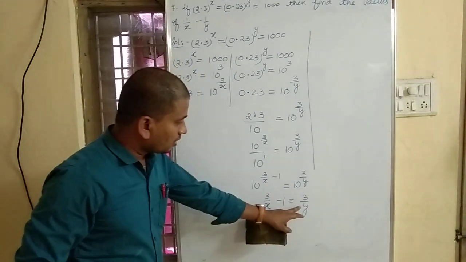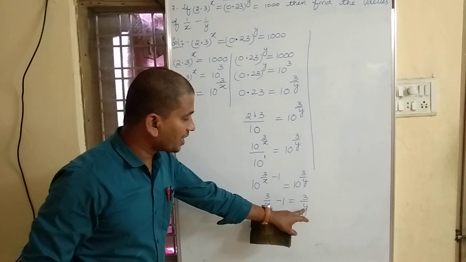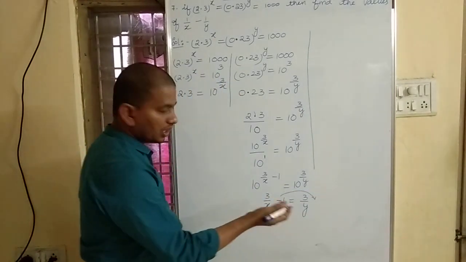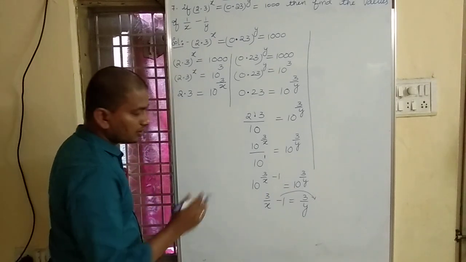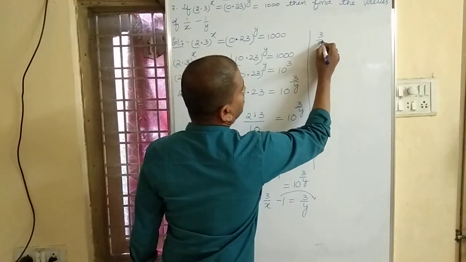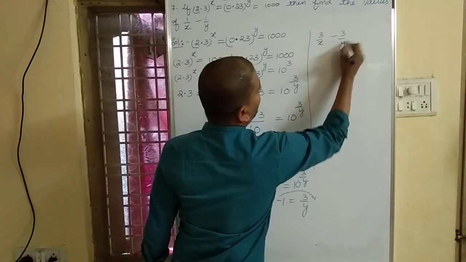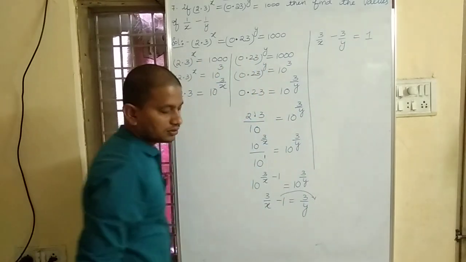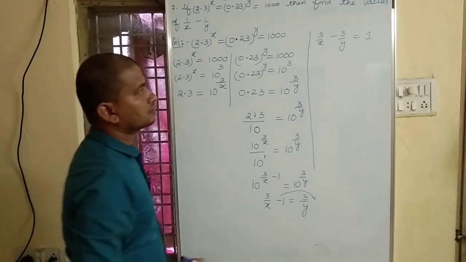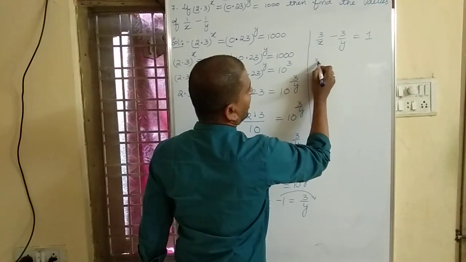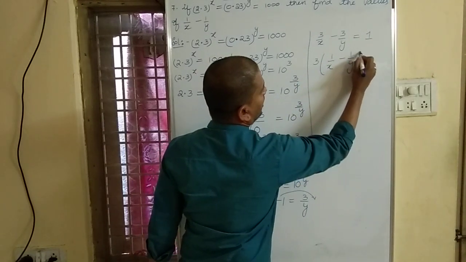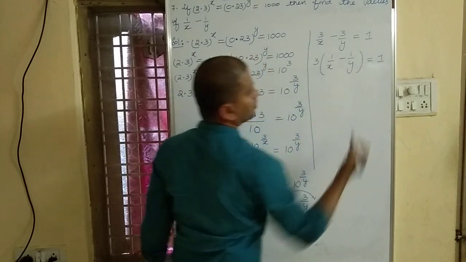Now, here 3 by y is on the right-hand side; transpose it to the left-hand side, and the minus 1 you take towards the right-hand side. So we have 3 by x minus 3 by y is equal to 1. If I take 3 as common, I will get 1 by x minus 1 by y is equal to 1.